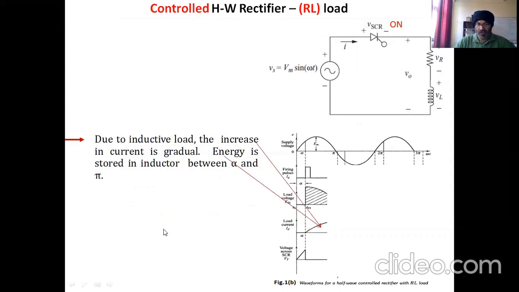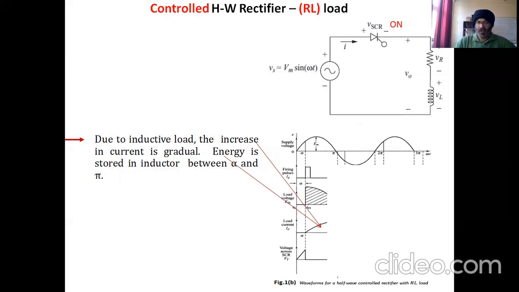Now next, because the thyristor is already on, still we are working in the positive half cycle. Now the current starts to grow over here. Because of this inductor, the increase in current is gradual, not abrupt, but gradual.